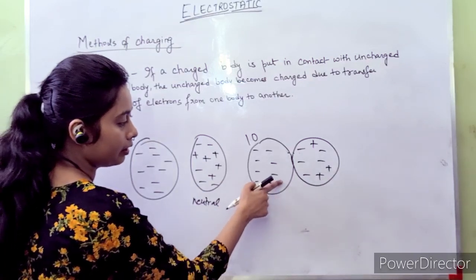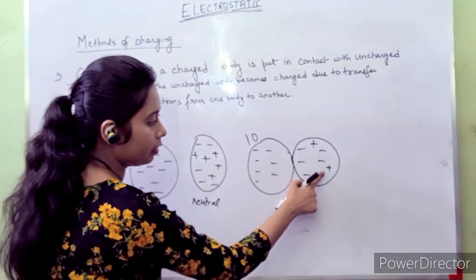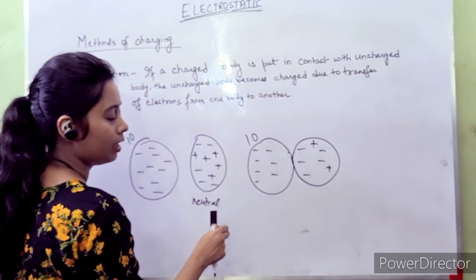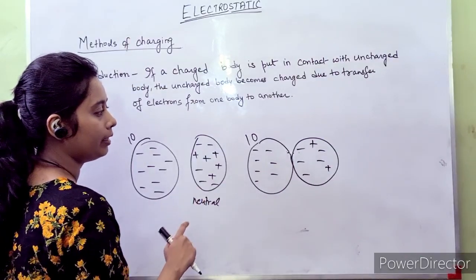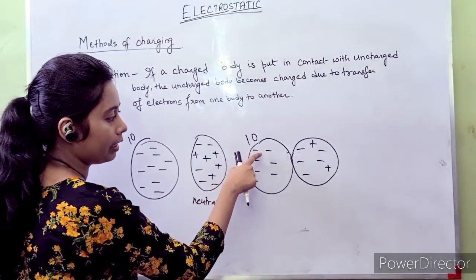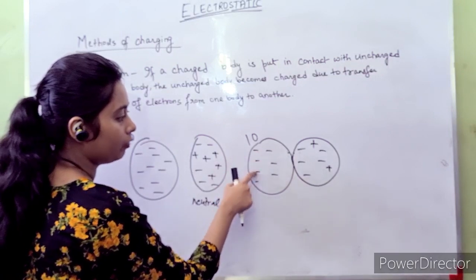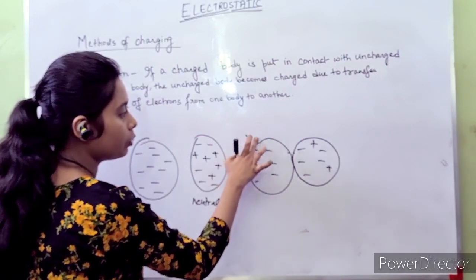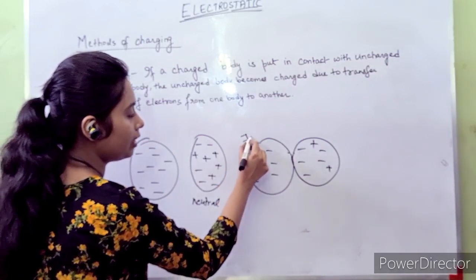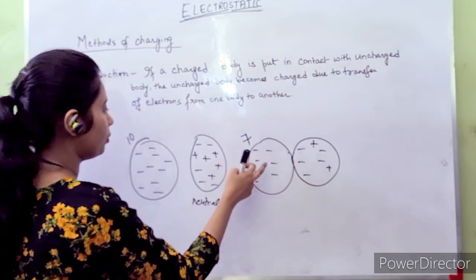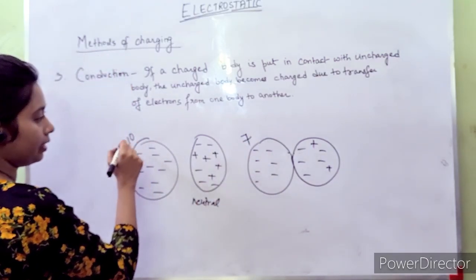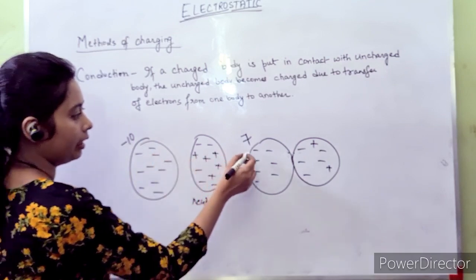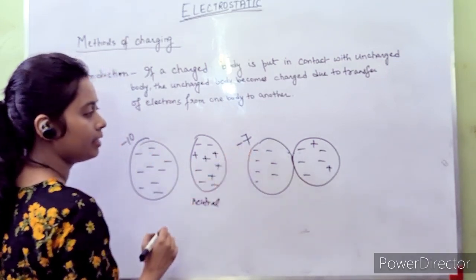Like this, electrons will neutralize the positive charges. Ultimately, the number of electrons here, 1, 2, 3, 4, 5, 6, 7, has been reduced to 7. That means the charge in this body, which was previously minus 10, has now become minus 7.